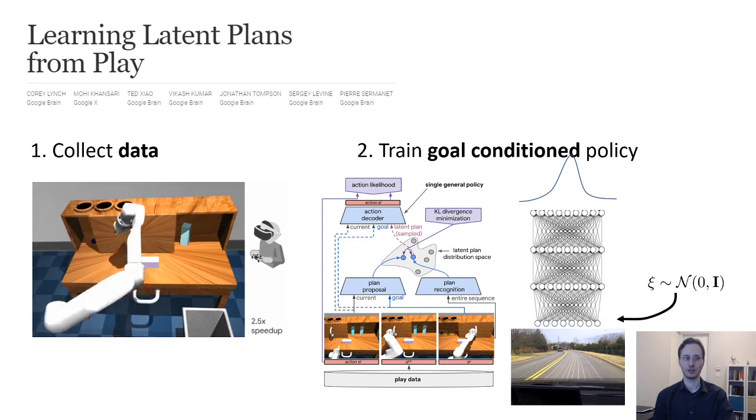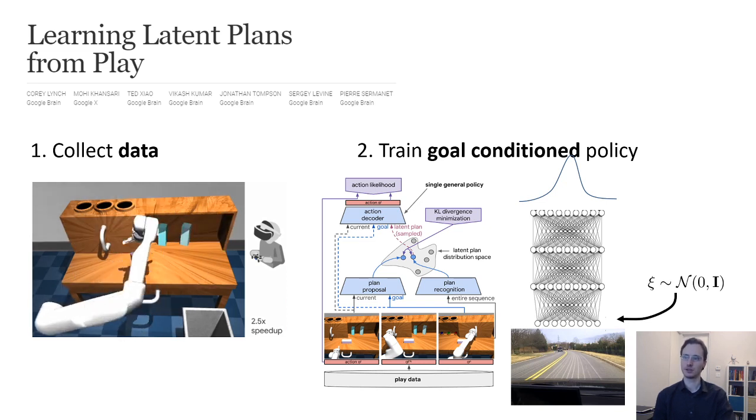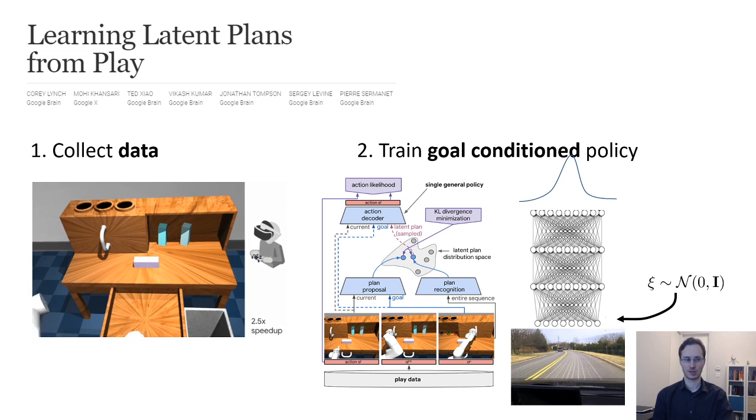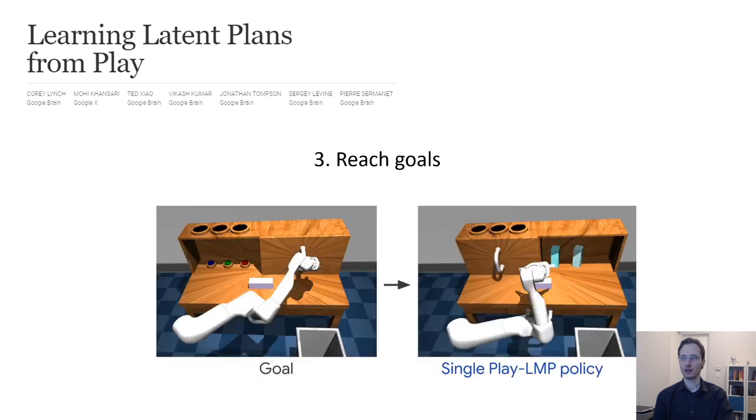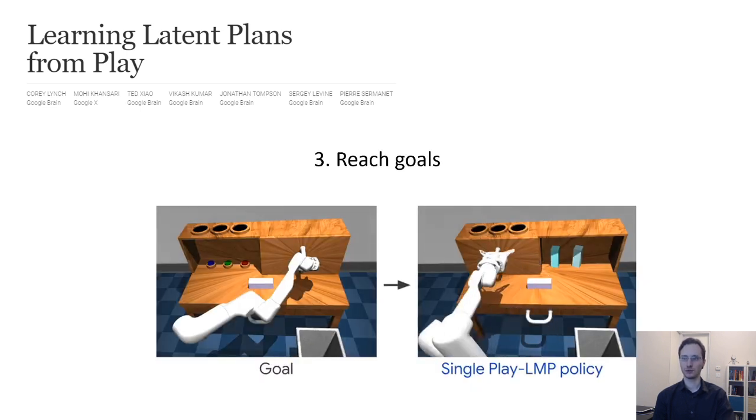So if you remember, in a latent variable model, we feed an additional noise input into the policy, and that noise input allows us to represent arbitrary output distributions. So it's a more sophisticated imitation learning architecture, but the overall algorithm follows the scheme that I had on the previous slide. And once this policy is trained, it can actually reach a variety of different goals.